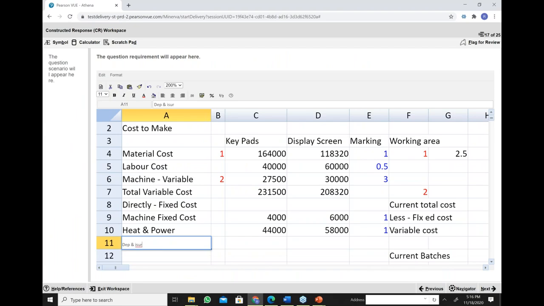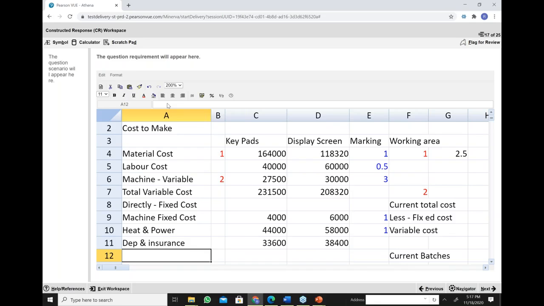Depreciation and insurance. 84,000 times 0.4, 96,000 times 0.4, and here we have the cost of specific insurance and depreciation cost. All these will come under the fixed overheads.